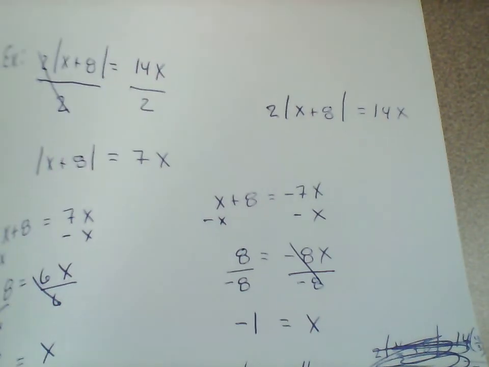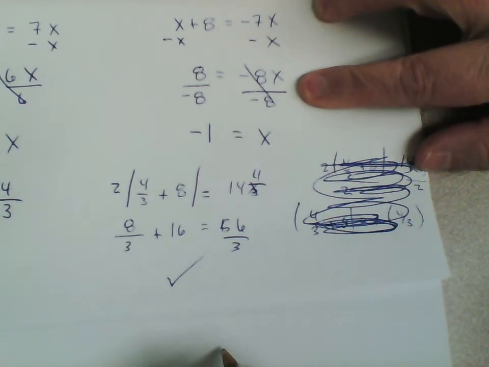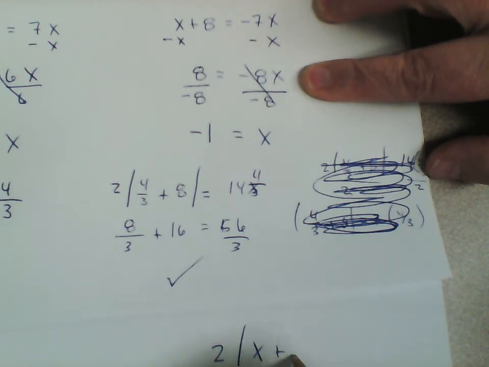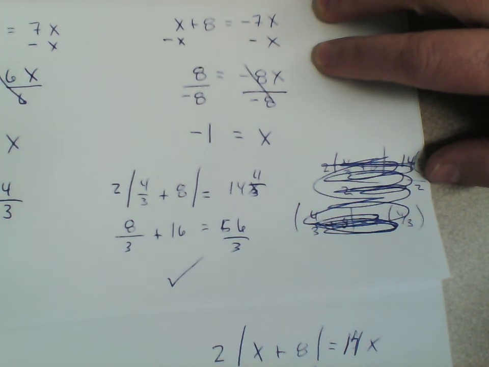Hold on, let me slide up another piece of paper to make this a little less confusing. Here, I'm plugging in -1 for my x. So if I have 2 times the absolute value of x plus 8 equals 14x, right? And we're going to plug in -1 for x. We're going to have 2 times the absolute value of 7 equals -14.